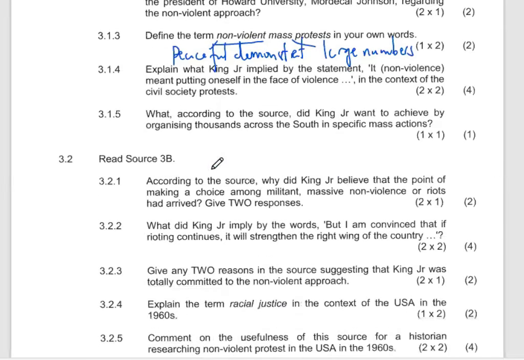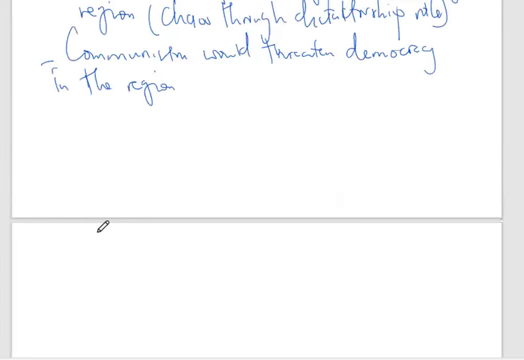Explain what King Jr. implied by the statement: it, non-violence, means putting oneself in the face of violence in the context of civil society protests. That is number 3.1.4. What's the implication of that statement? It meant putting oneself in the face of violence. Right.